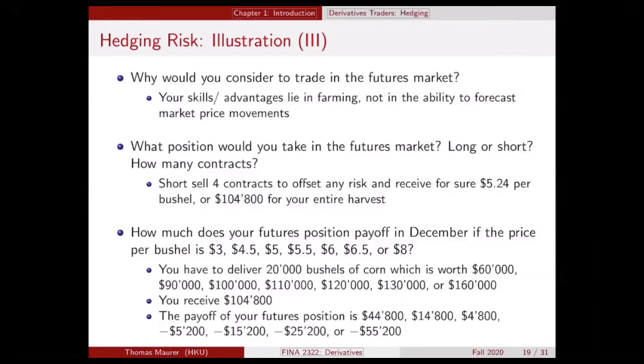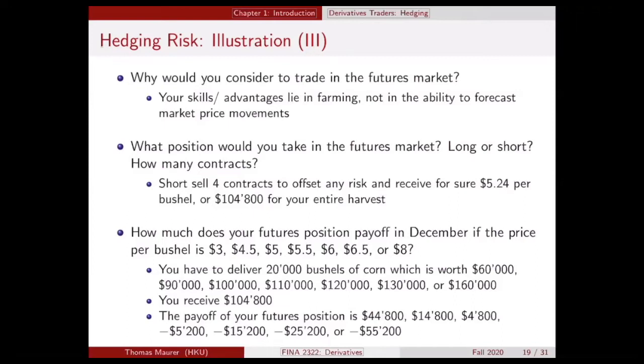Well, think about that. He wants to sell 20,000 bushels of corn in December. So he's afraid that the price of corn may drop. So he needs to get some payoff from these futures contracts if the corn prices drop. How does he get a payoff from the futures contract if corn prices drop?